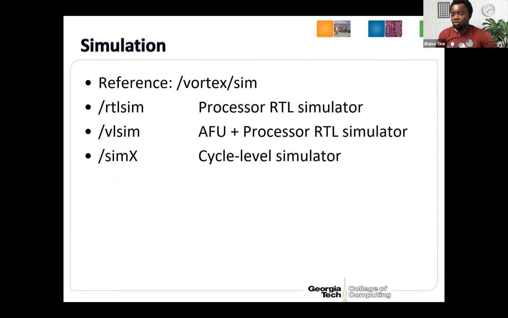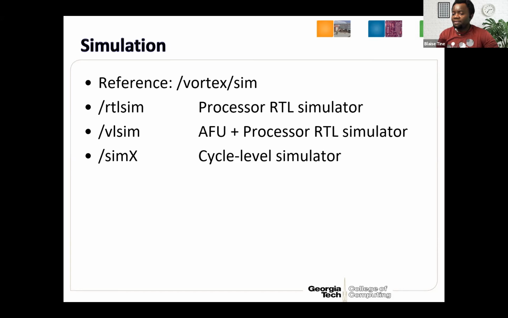Under the simulation tree, we have the RTL sim. This is the main processor RTL simulator. This simulator is only the processor with the cluster and cores and everything inside, but it doesn't have the command processor. This is a typical simulation that you will do if you are trying to simulate Vortex in an SoC environment.